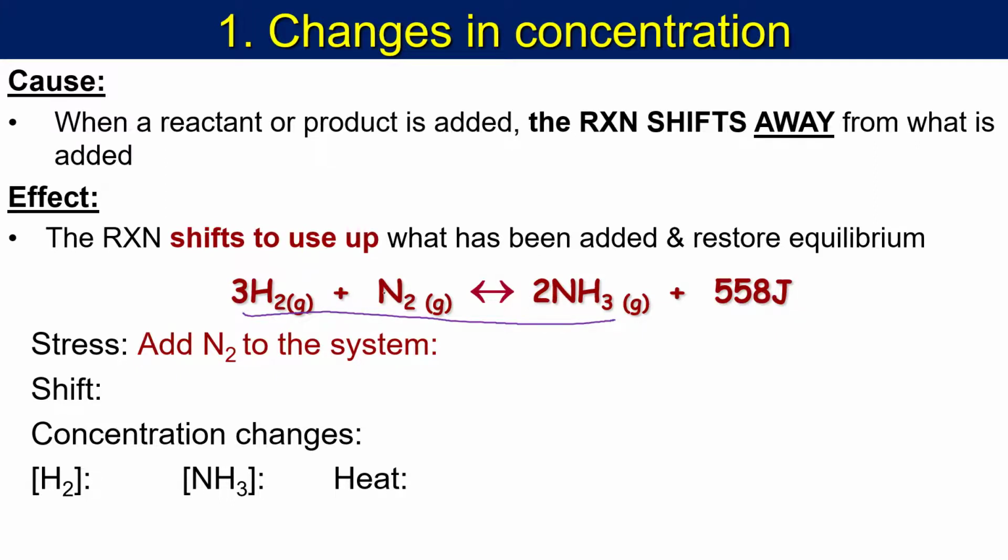H2 combines with N2 to make NH3 and some heat. They are telling us we are adding N2 to the system. N2 is located right here. Anytime we add something, we shift away from what we added. Why? To restore equilibrium, we have to now use up the additional N2 that was put into the system. And the only way we do that is a shift to the right, which is a synthesis reaction.